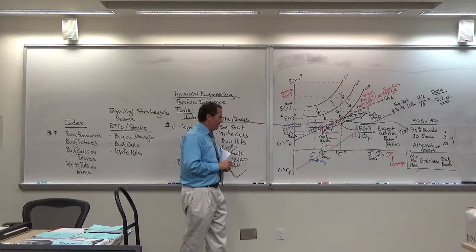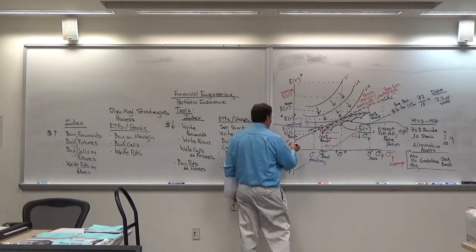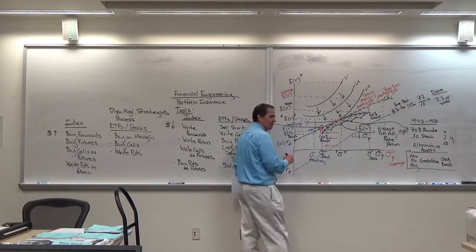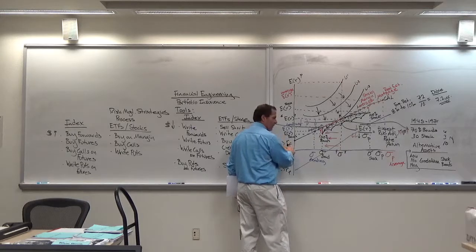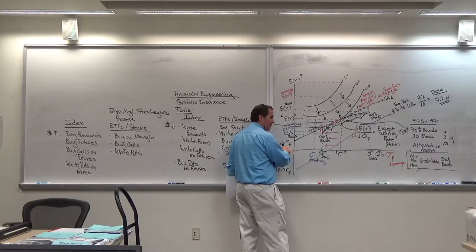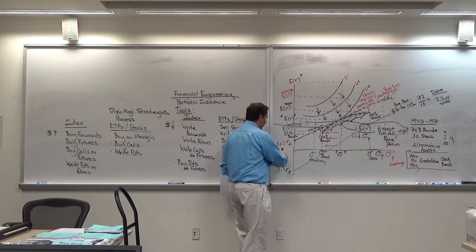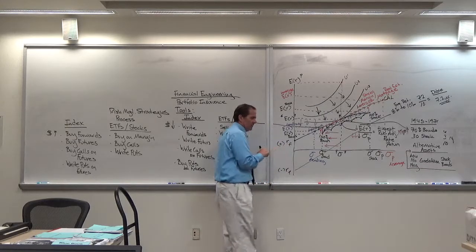Okay. Then the next thing that you're going to do is start right here, and write RF, which is symbolic for the risk-free rate. And the risk-free rate in this case is positive.